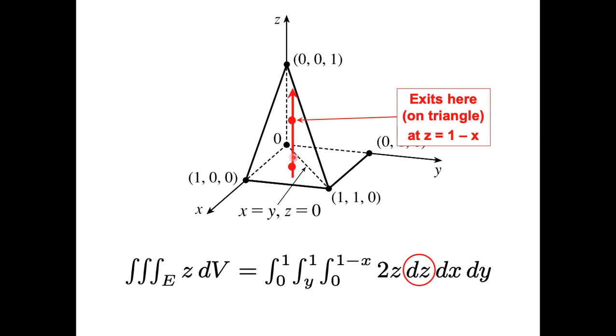And obviously it's being exited, it's an upper limit, so I put that as my upper limit on my integral here. So once again, the arrow is being shot, hitting the bottom, getting me a 0 lower limit here, exiting through the plane itself, and this plane happens to be 1 minus x.